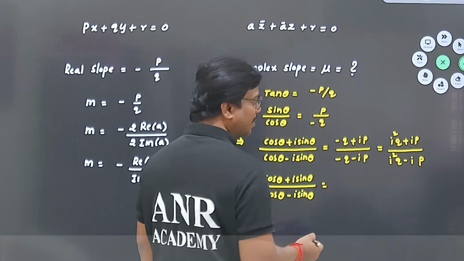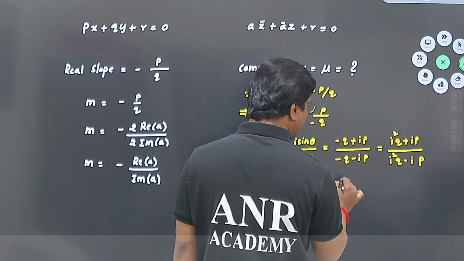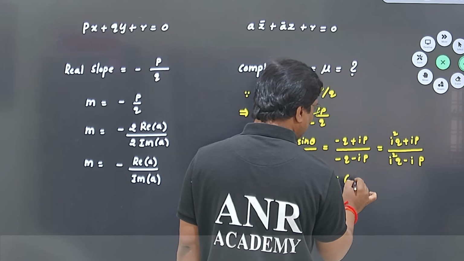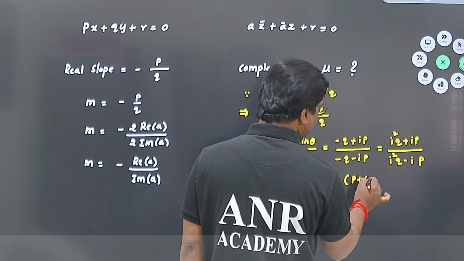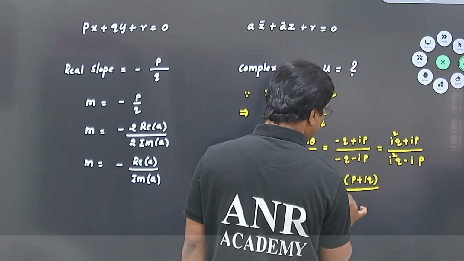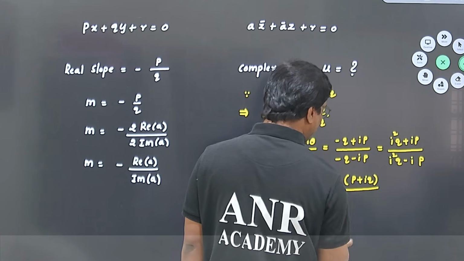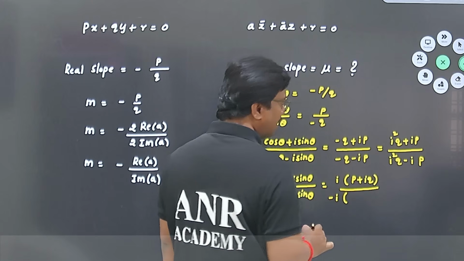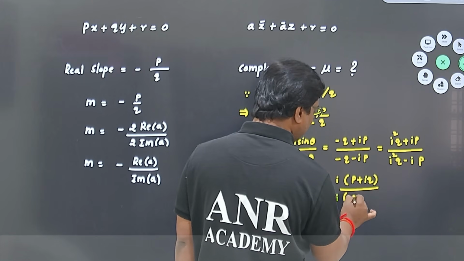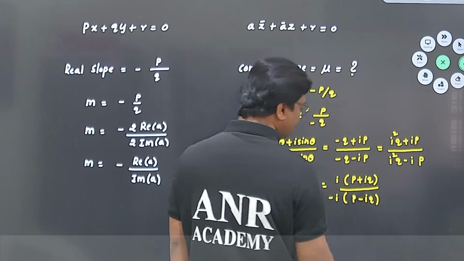If you take i common, what we get? p plus iq. In the denominator part, if you take minus i common, p minus iq.